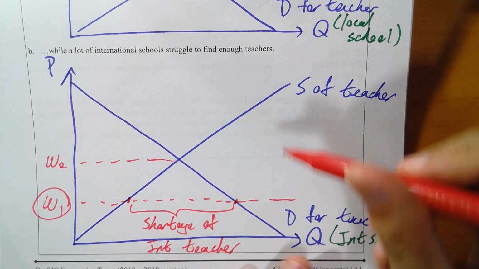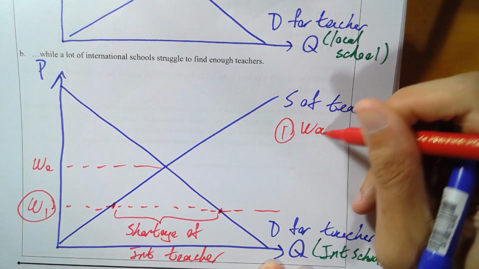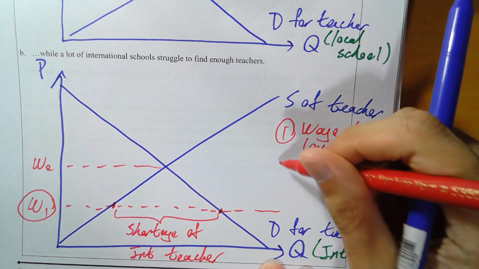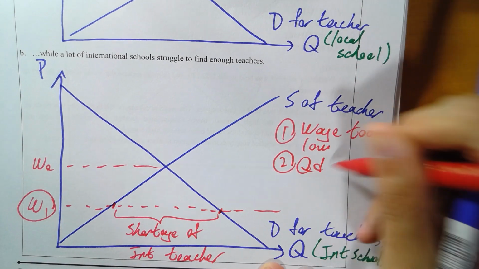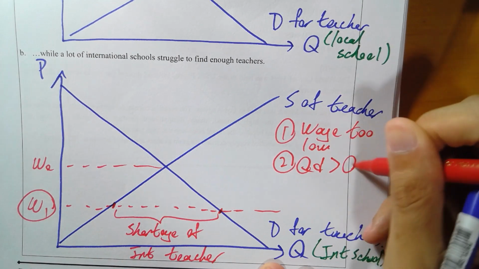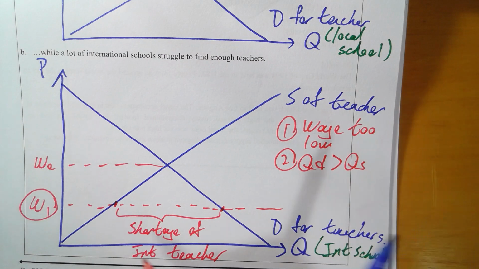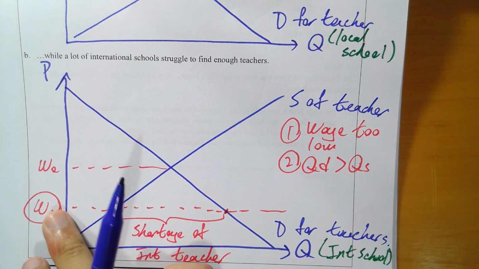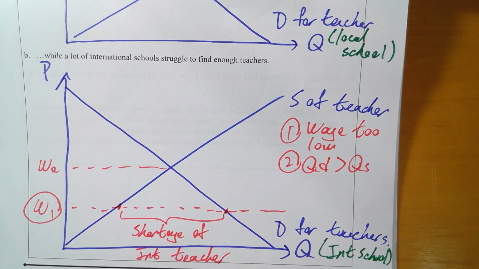Now, verbal explanation, we say that wage is too low. Therefore, QD is bigger than QS, resulting in a shortage. Failed to find enough school teachers. Again, whether this is true or not, I think it's up for debate.